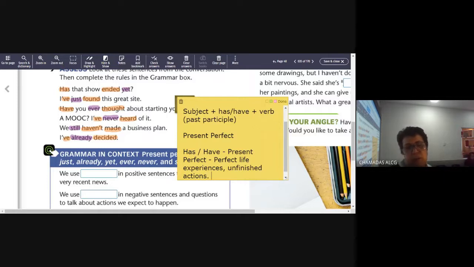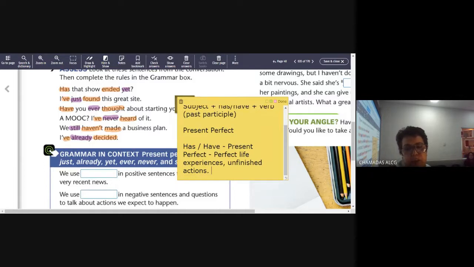So here, we are analyzing the situations in which we use the present perfect. Present is the auxiliary verb, and perfect has to do with the tense. Perfect life experiences or perfect unfinished actions in the past. So we can understand present perfect, not simple past.